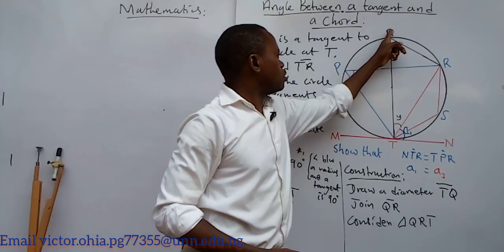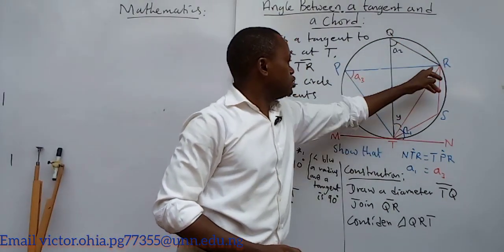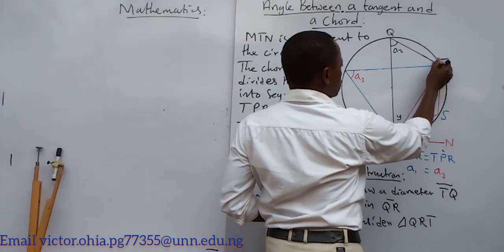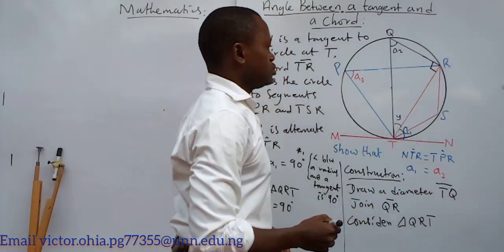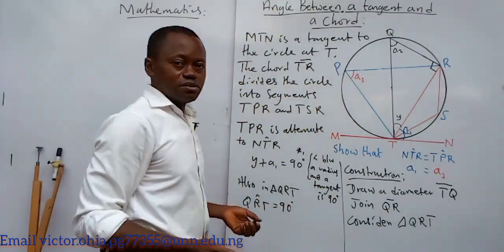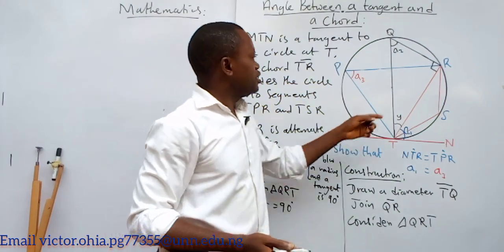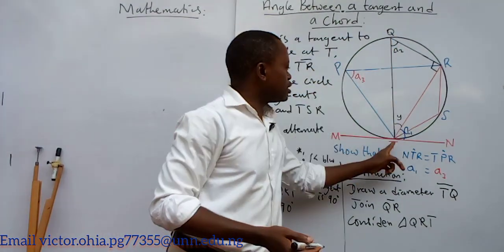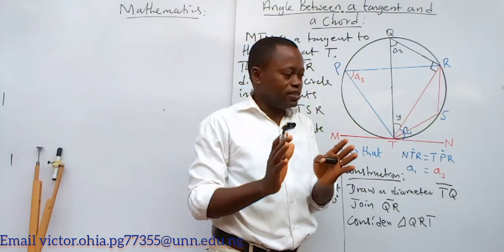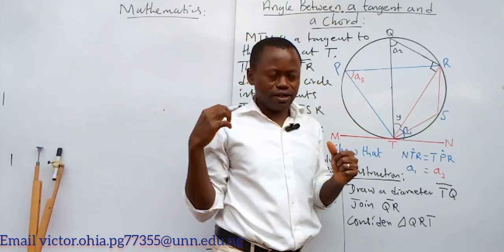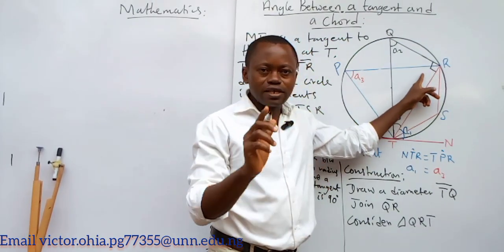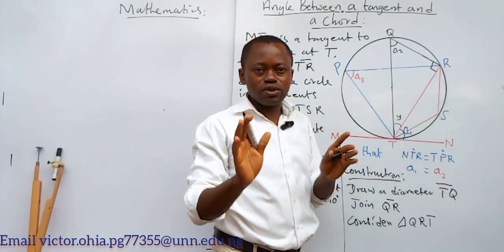Look at it. Let me mark this angle here as 90 degrees. Where is the argument coming from? Angle in a semicircle. You see that this is a diameter. I did this proof a few classes behind: that angle in a semicircle is 90 degrees. It was well explained, and you can look at it.